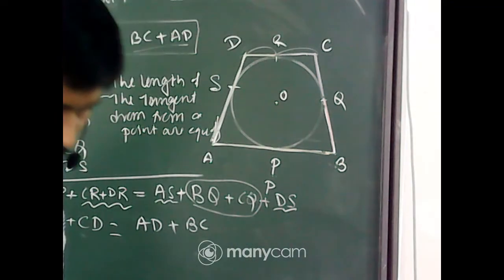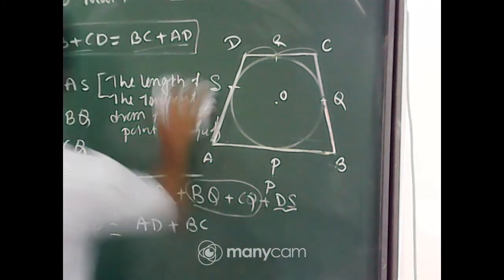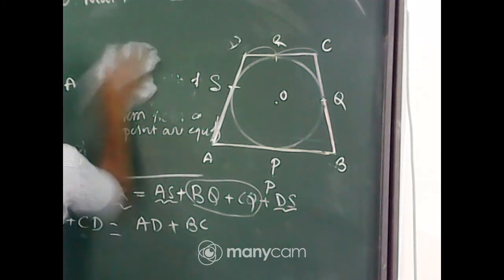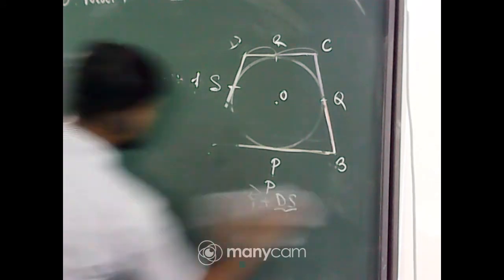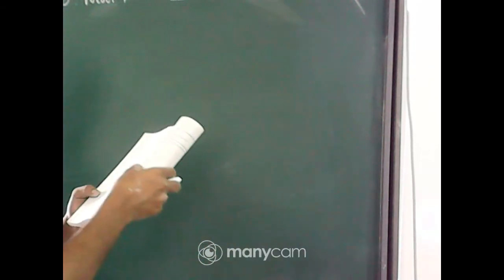Okay, so now let's go to the next question, question number 9. I'm rubbing the board, okay? Question number 9 is, in figure 10.13, the diagram is given. So first draw the diagram.